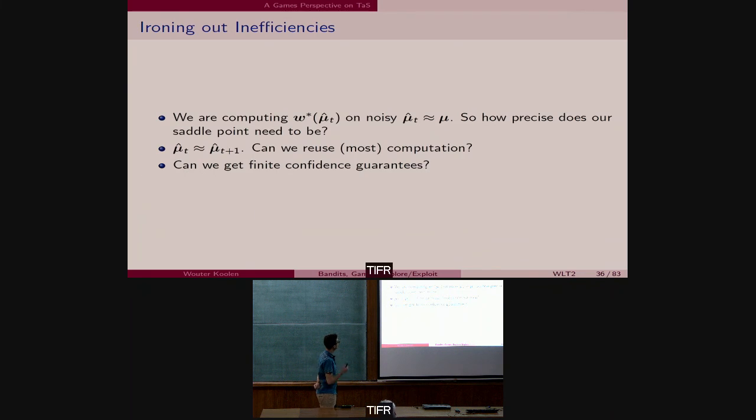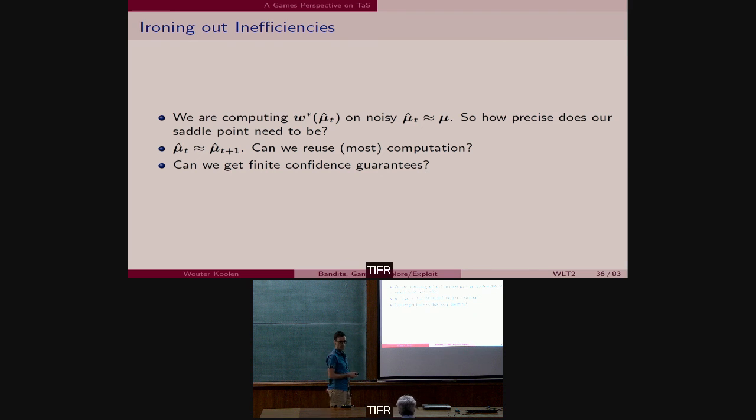Okay. So what are the inefficiencies that we might sort out? So, first thing is that we are computing W star at a plug-in estimate. The plug-in estimate is noisy. So that means that it probably doesn't make sense to compute W star super precisely anyway.